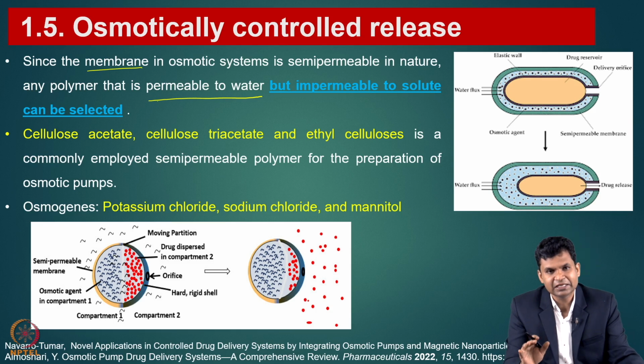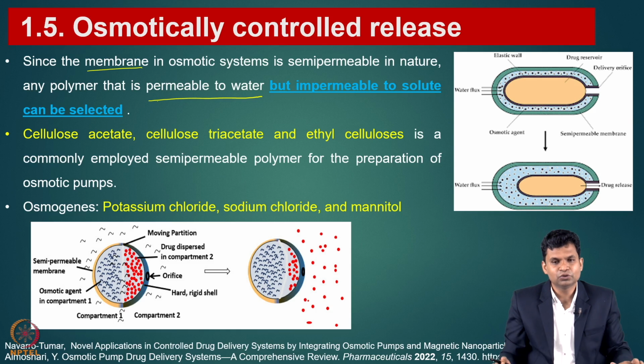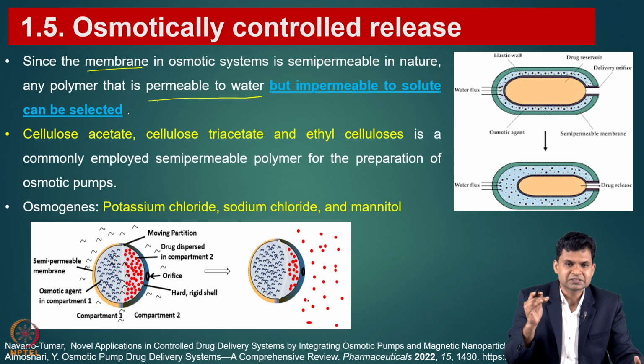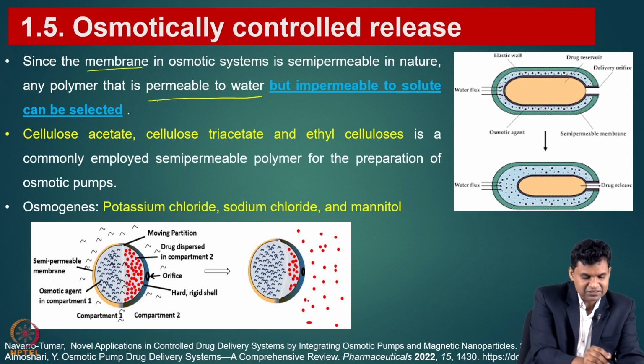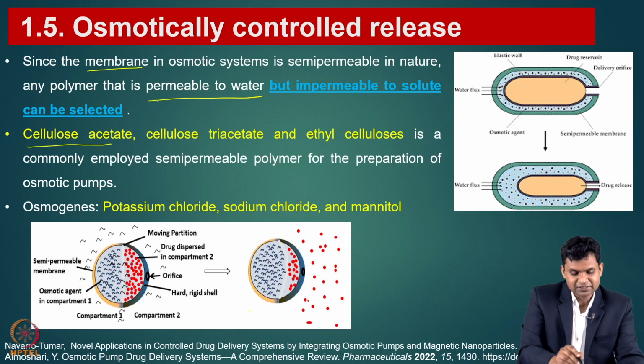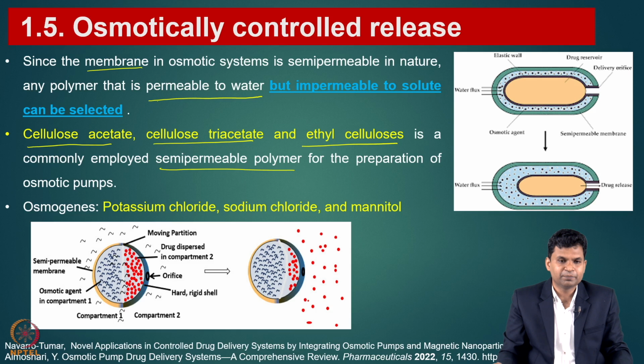So, any polymer which we are going to use as a semi-permeable membrane should permeate water, but it should not permeate any type of solute from the system. While selecting, we need to look at these properties for the semi-permeable membrane. Here are some examples: cellulose acetate, cellulose triacetate and ethyl cellulose are the commonly used semi-permeable polymers while developing osmotic systems.